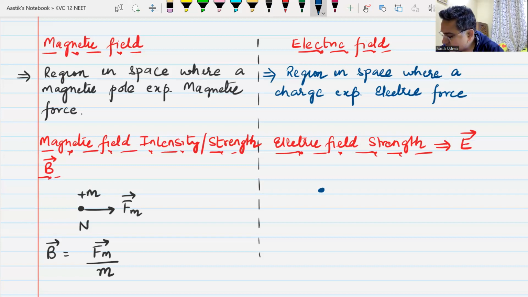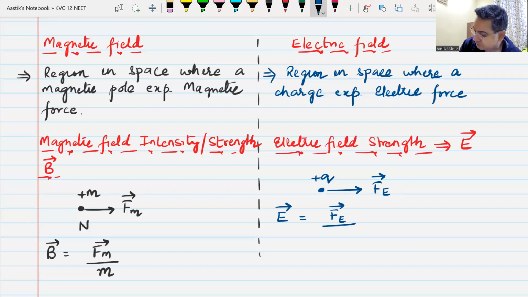I place a positive charge plus Q in an electric field. It will experience an electric force Fe. To find the electric field intensity, I will divide this electric force by the charge itself.